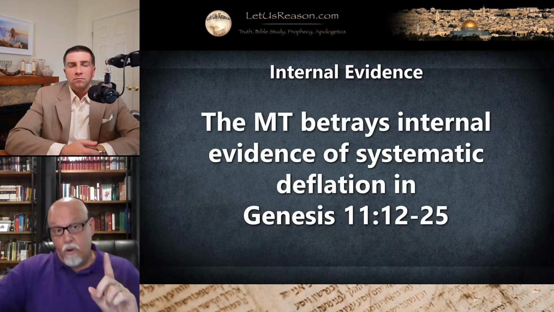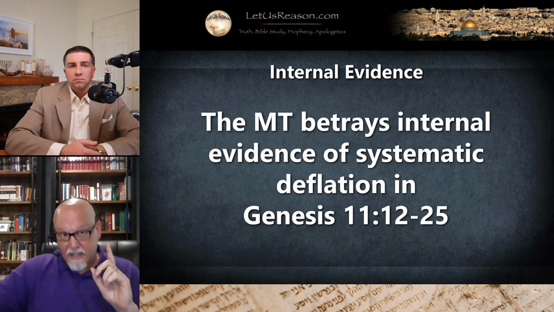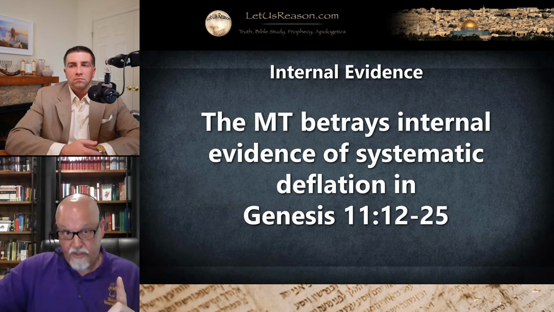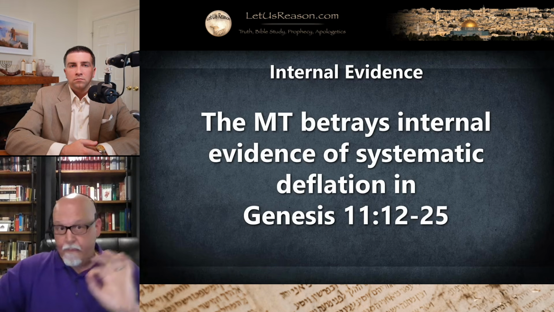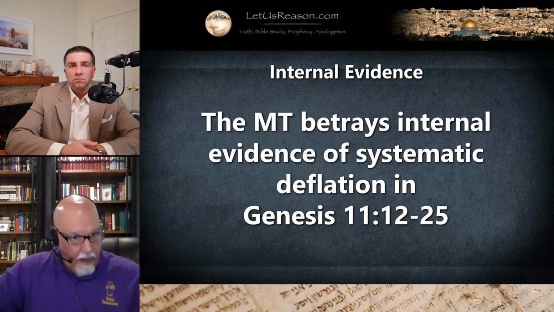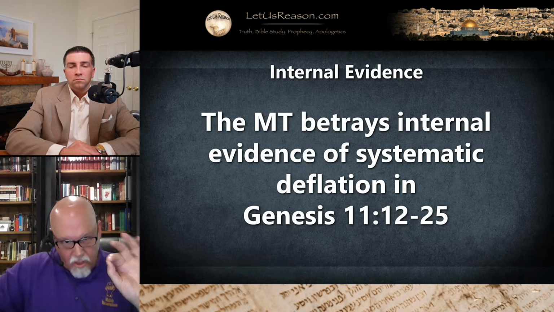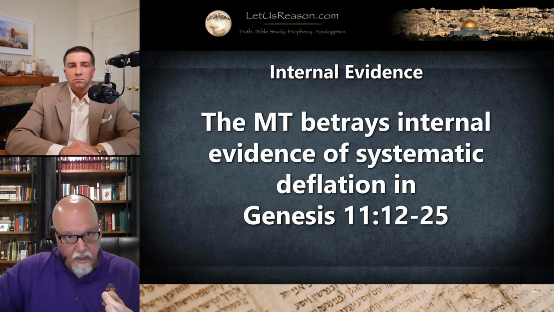But I want to show a couple really important points here internally to the text of the Bible itself. I'm not appealing to archaeological evidence or external evidence. I'm appealing to the internal result of the Masoretic chronology in Genesis 11. It betrays evidence that it's been systematically deflated.